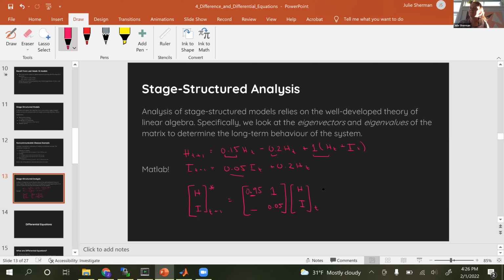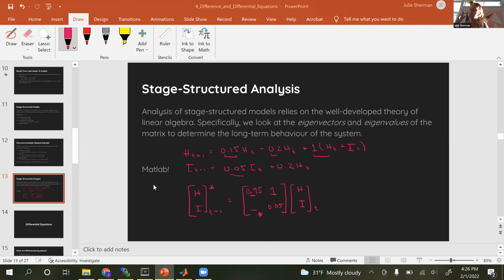So once again, that question was, what should go in this last spot to understand the contribution to the infected at time t plus 1 from the healthy at time t? And we have used most of the constants.